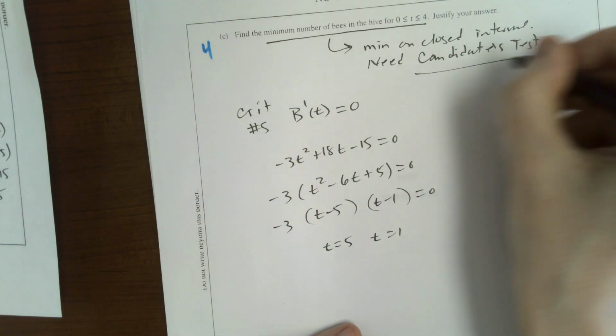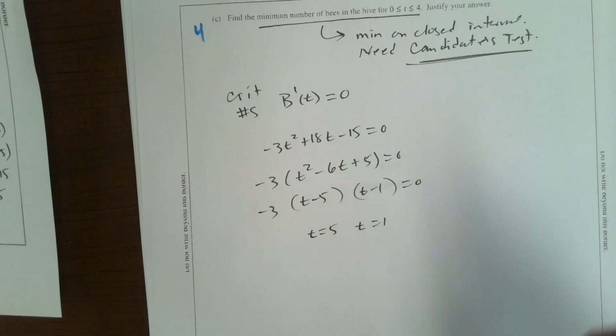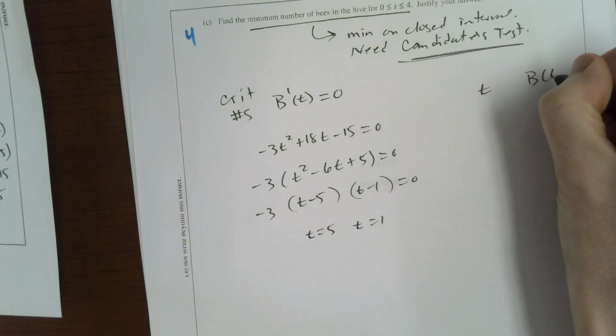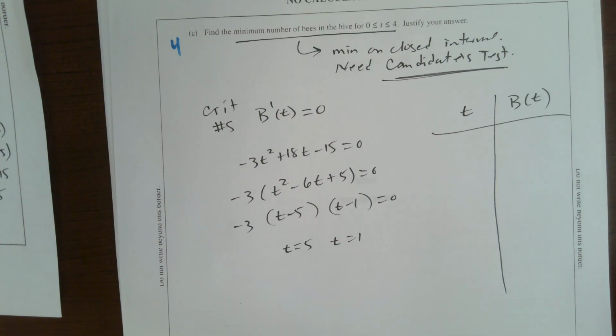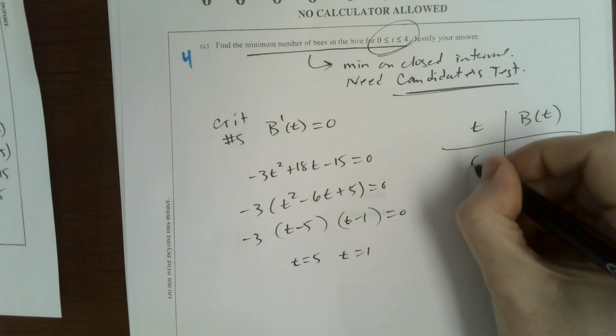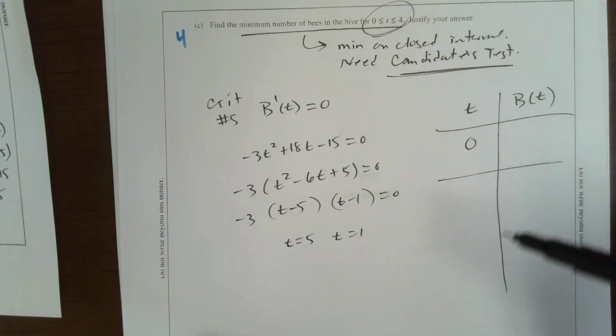Now, this is the candidates test. This was the first part. We just found these candidates. And now you take them and you put them in a table. And we're using this closed interval 0 to 4. So 0 is my first number in the table, and it goes to 4.